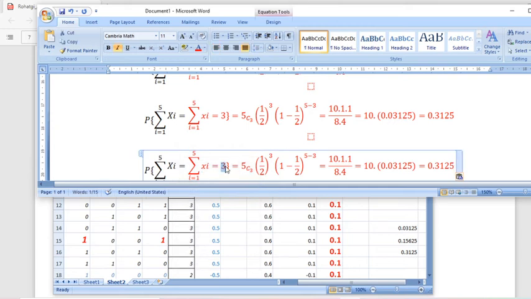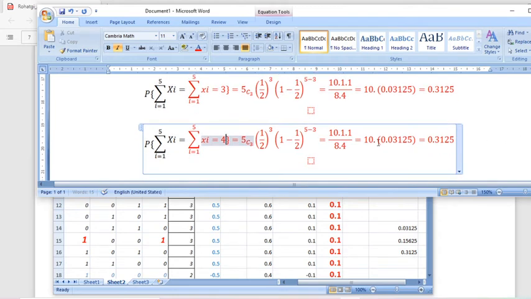So what will be the probability for summation xi equal to 4?